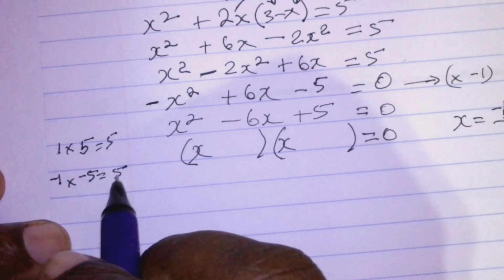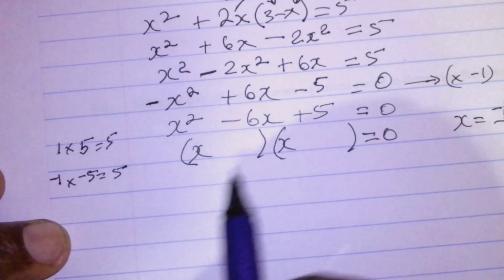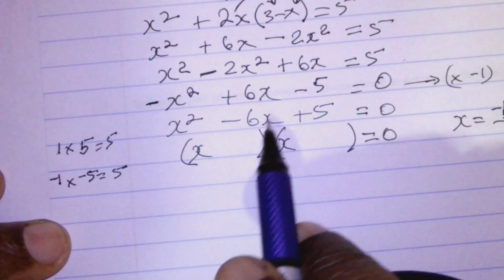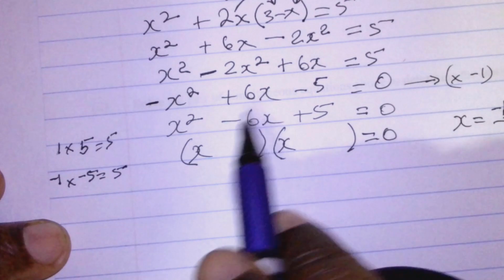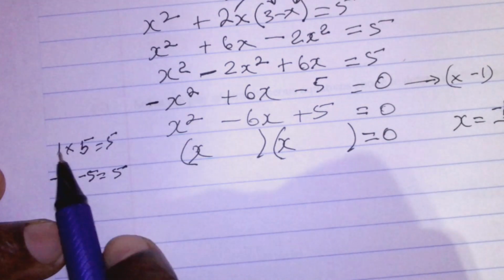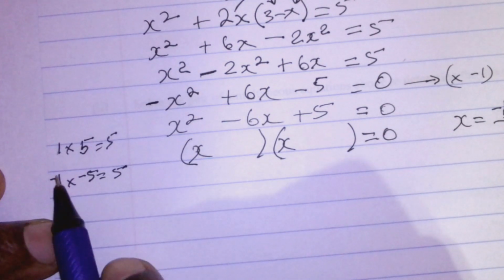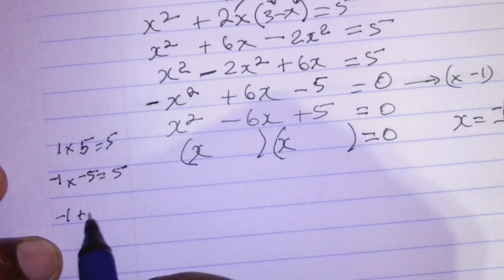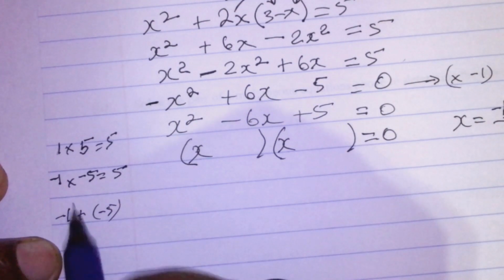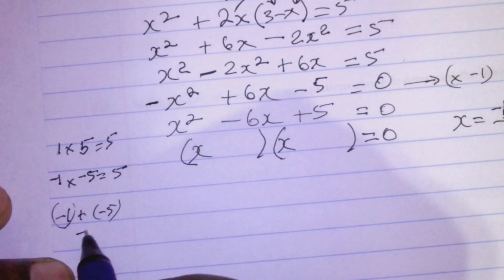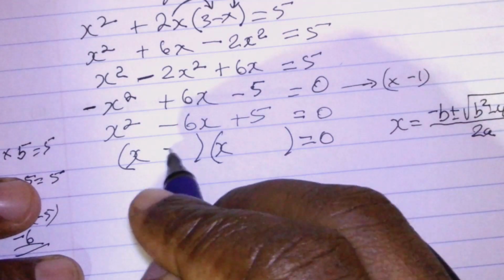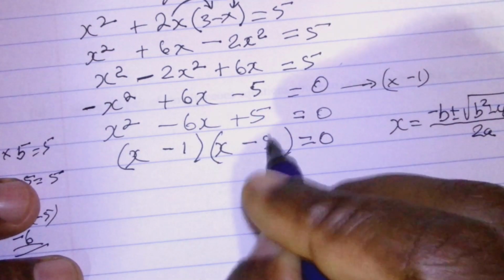So we want to ensure that we'll get the middle term of negative 6x. So instead of using 1 and 5, we'll use negative 1 and negative 5, because when we add them, that will give us a negative 6. So we use a negative 1, negative 5.